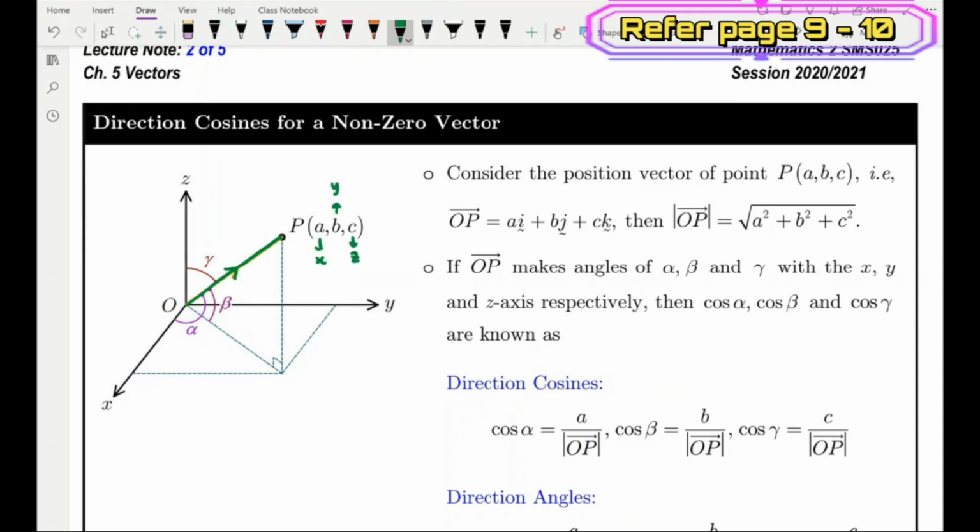That means we have to find the angle of the vector to the X axis, Y axis, and Z axis. P with X is alpha, B with the Y axis is our beta, and then the angle of C with the Z axis is gamma.